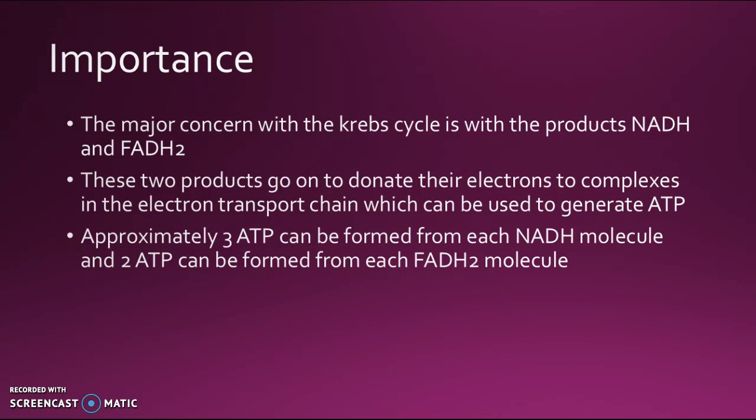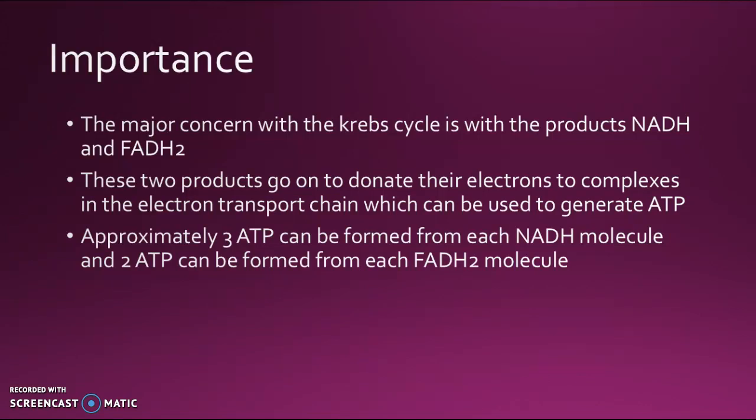But essentially, from each NADH you get about 3 ATP. I think the correct number is actually 2.5, but might as well say 3. And you get 1.5, or basically 2 ATP, from each FADH2 molecule.